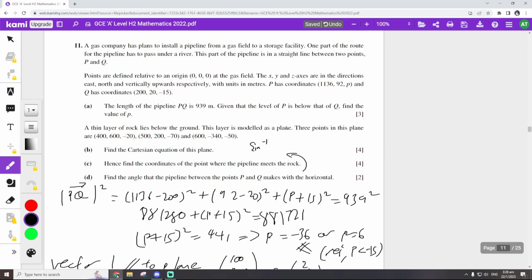So you get mod of minus 312, minus 24, 7 dot 0, 0, 1. That is the normal vector to the z plane. Then you just divide this by mod of minus 312, minus 24 and 7.